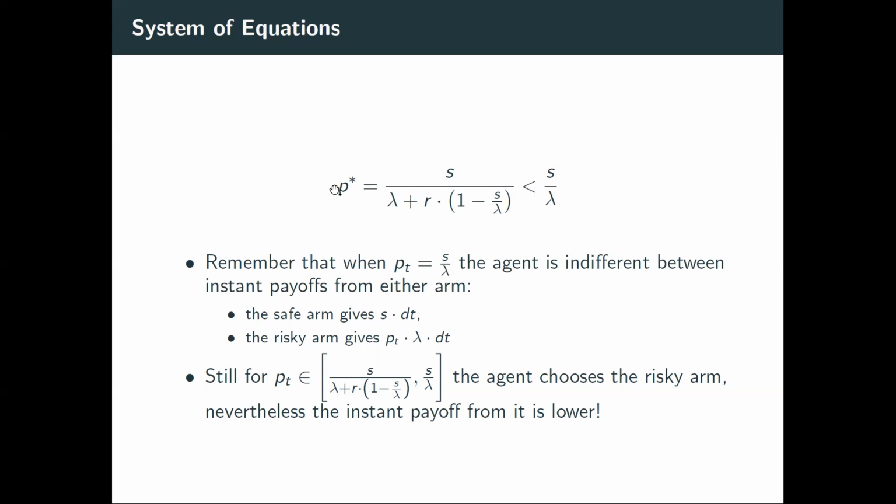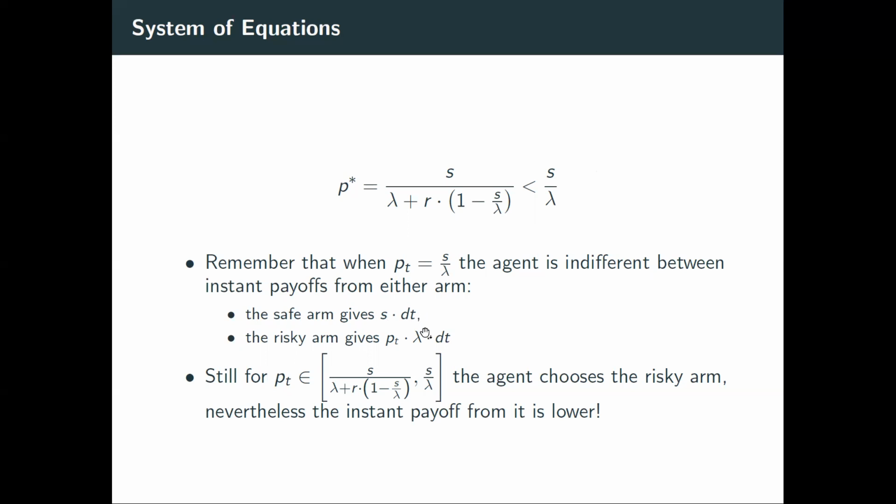Because exactly when P star is equal to S divided by lambda, you are myopically indifferent between both options. When you have PT exactly equal to S divided by lambda, the safe arm in an infinitesimally small time period dt gives you S multiplied by dt.